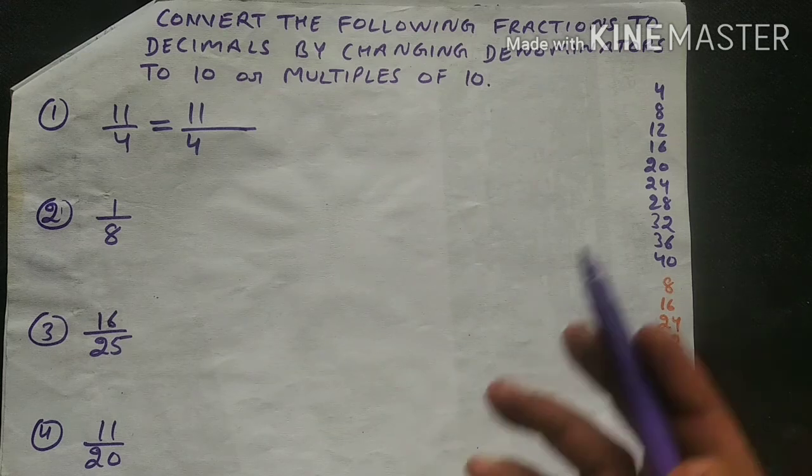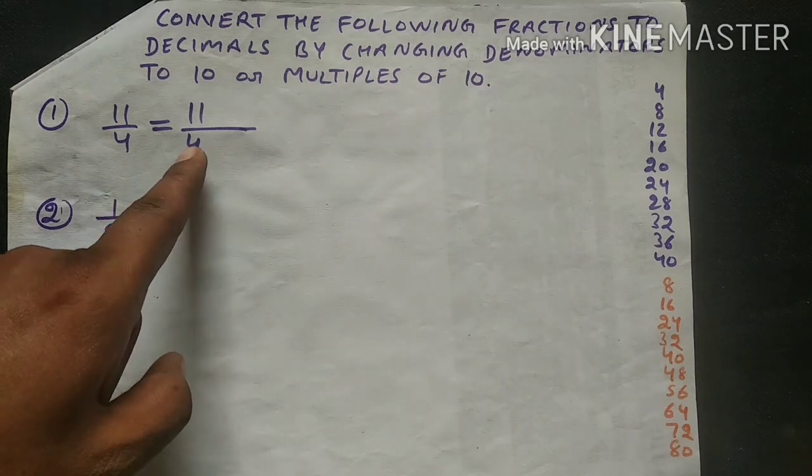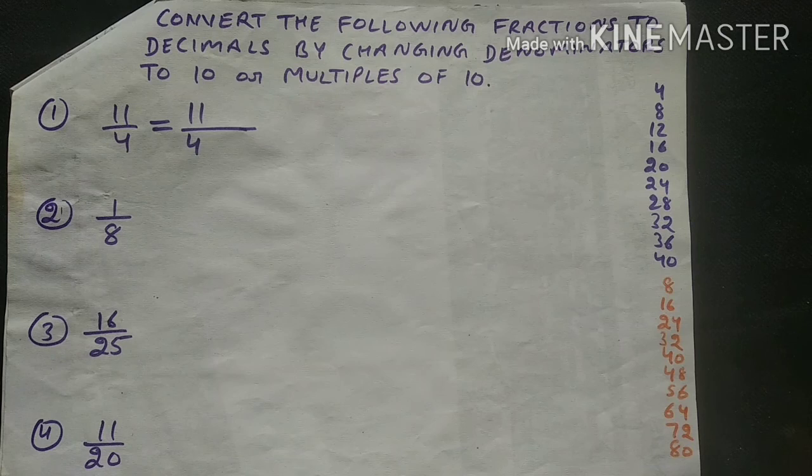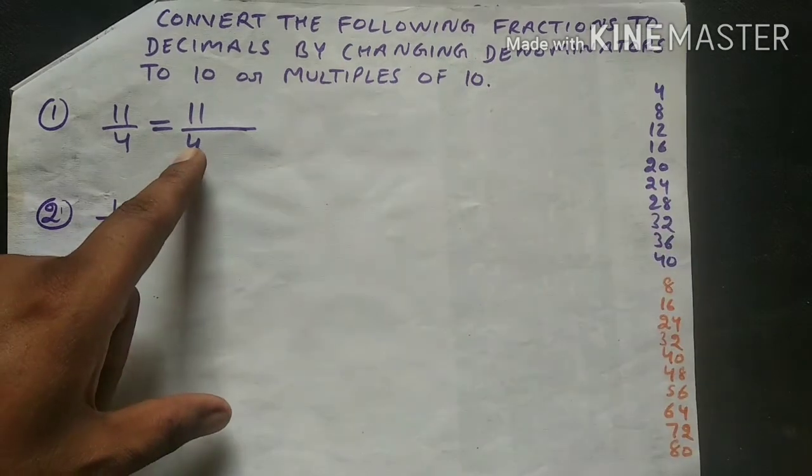But you can see that if we count the table of 4, I am not getting any number of this type. Okay, so this is the table of 4. Now what should I do? In this type of case I need a number that, multiplied with this denominator, gives the required number, that is of type 10, 100, 1000 or 10,000, etc. So in this case we divide.